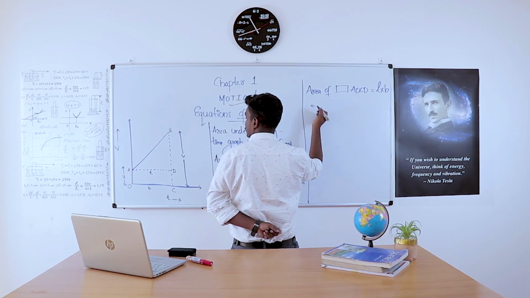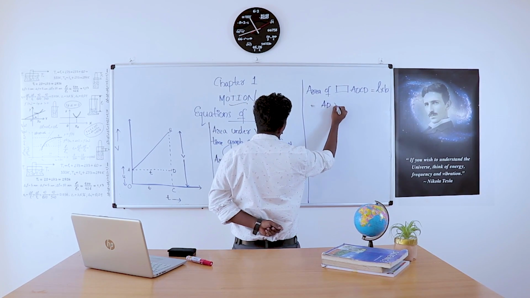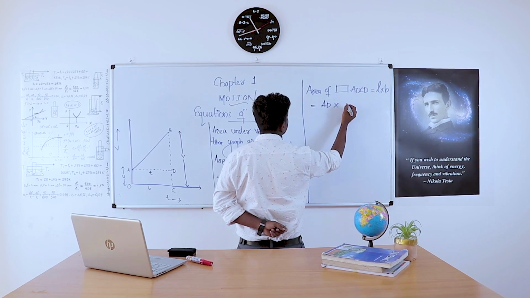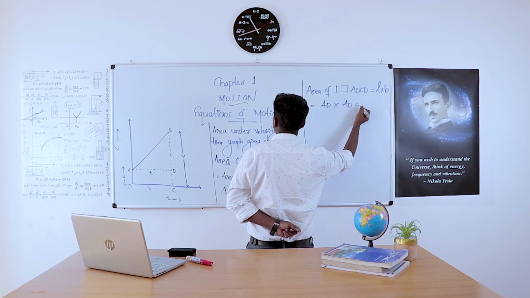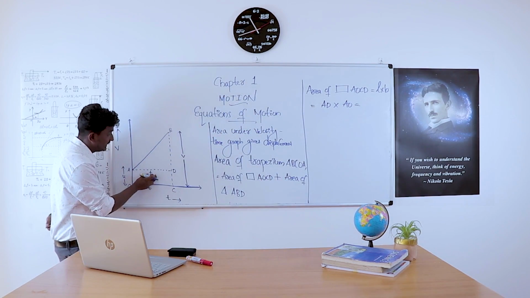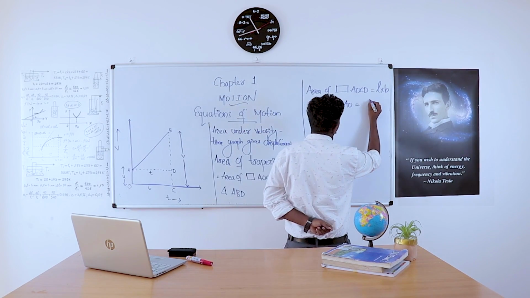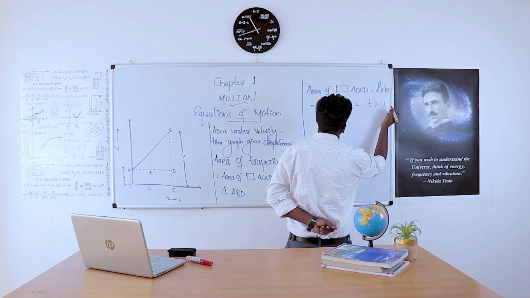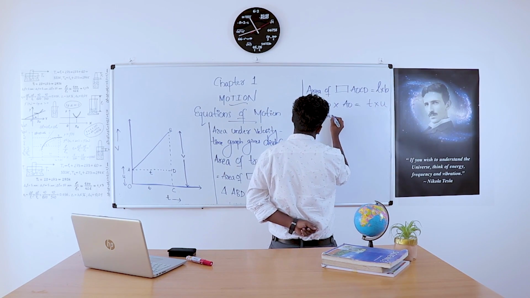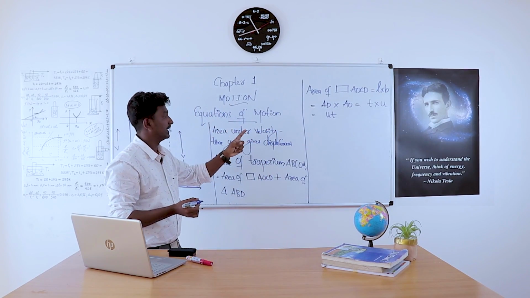That is equal to the length of the rectangle AD into the breadth of the rectangle AO. We already know that AD is t and AO is u. That is equal to t into u, which can be written as ut. Now we get the area of the rectangle.